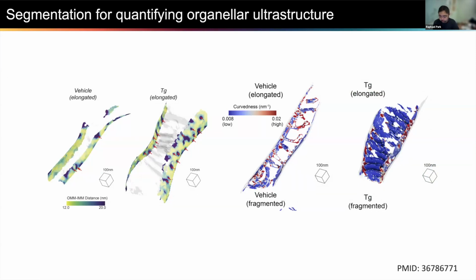Beyond a beautiful representation of your tomogram, you can actually use this segmentation to analyze your data set. We have particular software called morphometrics software. You can use it to measure, for example, intermembrane spacing or the curvedness of your membrane.